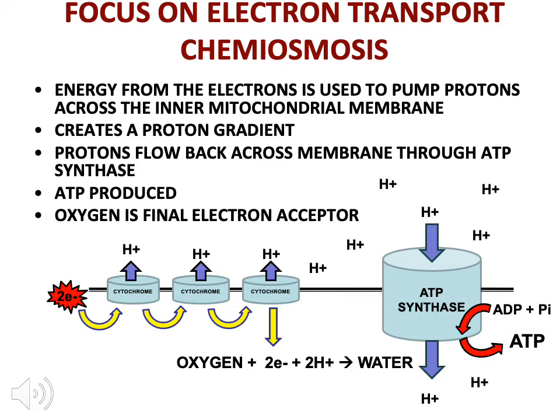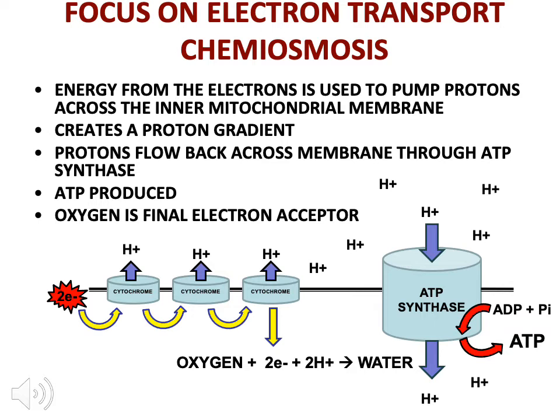So what I'm going to do is run you through a play-by-play of the illustration. Then we'll talk about the bullet points. But if I run you through the illustration, the bullet points will make sense. So we're going to keep in mind we're starting off with energized electrons from NADH plus H. We need to manage those energized electrons, at least manage them constructively, so we can make some ATP.